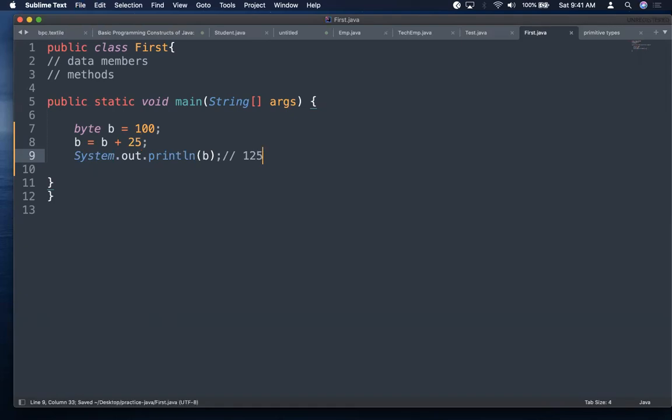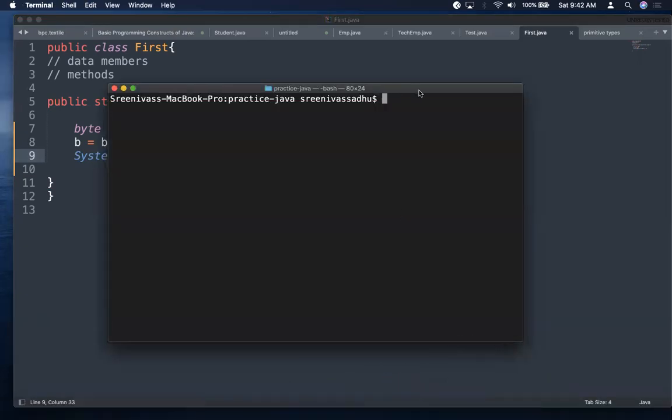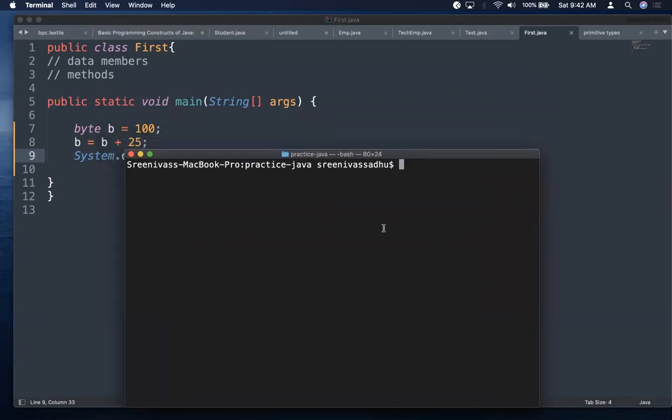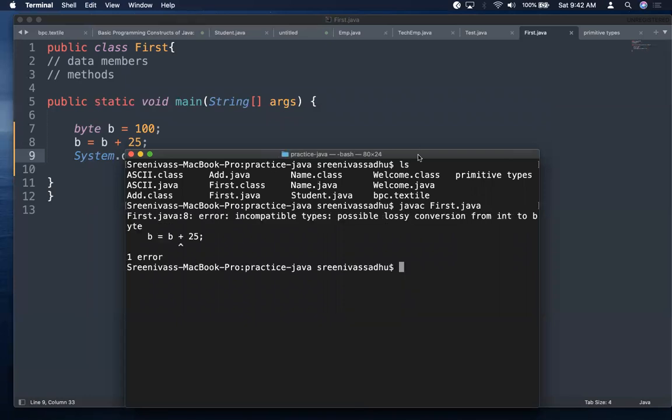But if you know what the default type is, then you can answer this very well. Let me compile and show you. First.java is here, so let me compile it with javac first.java. Now you can see the outcome.